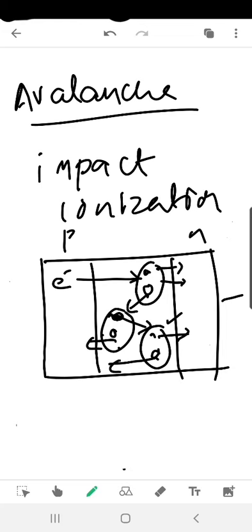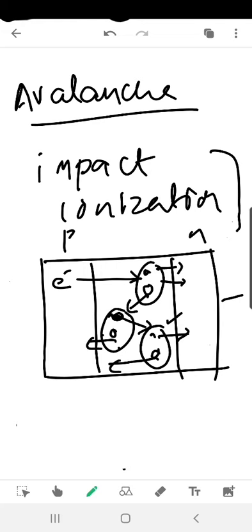Thus a single incoming electron with sufficient energy will trigger this process, and this process of knocking off electrons will continue. We call it impact ionization within the depletion region.